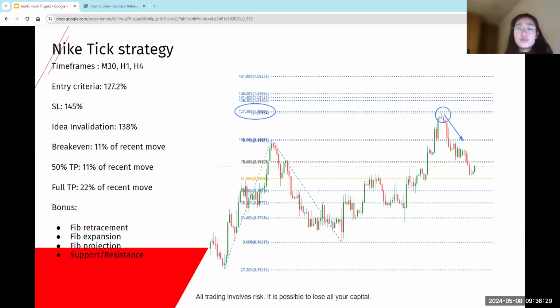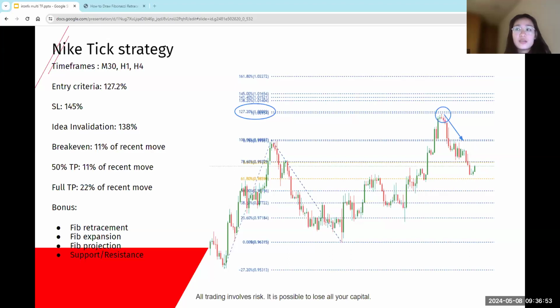Entry criteria would be your 127.2%, and your stop loss 145%. Ideal validation will be at your 138%, break even 11% of the recent move. Partial take profit, 50%, will be 11% of the recent move, and full take profit will be 22% of the recent move.